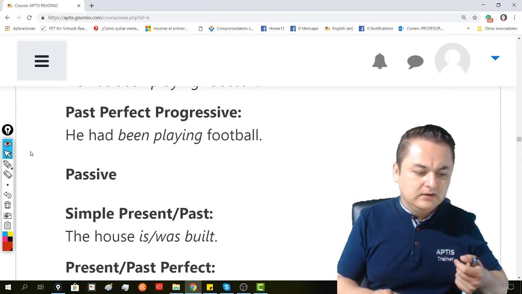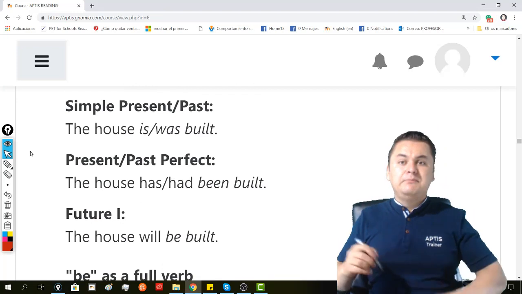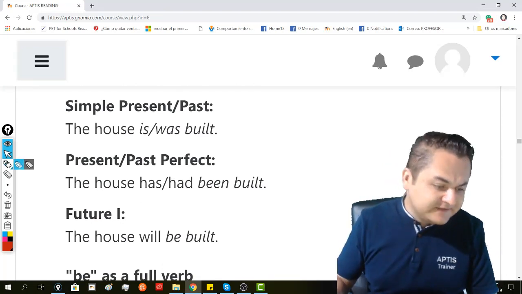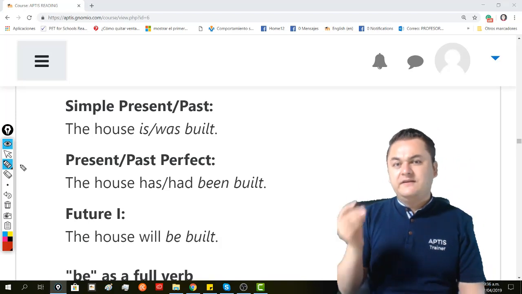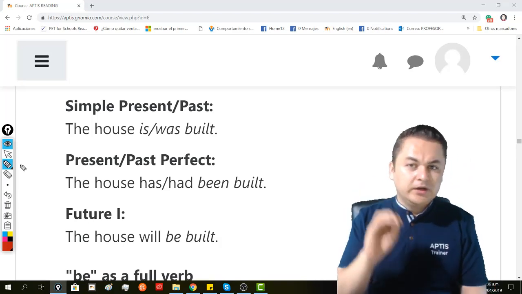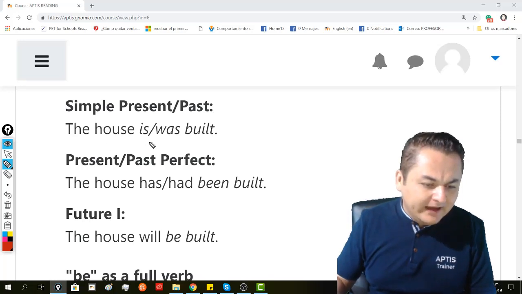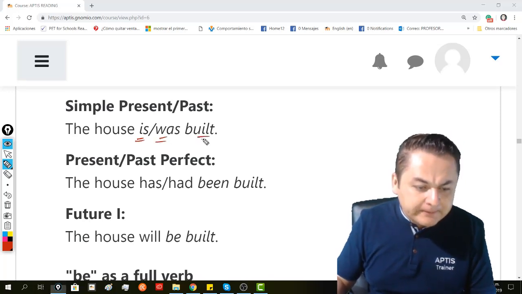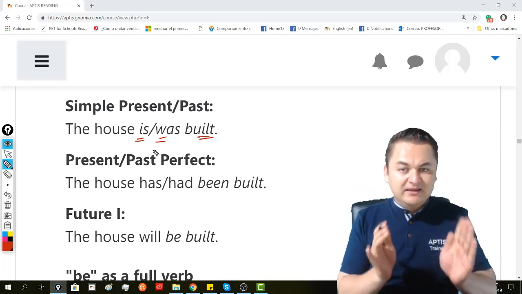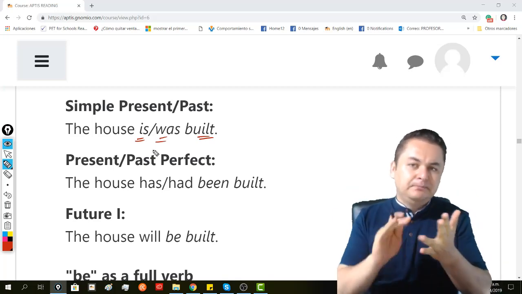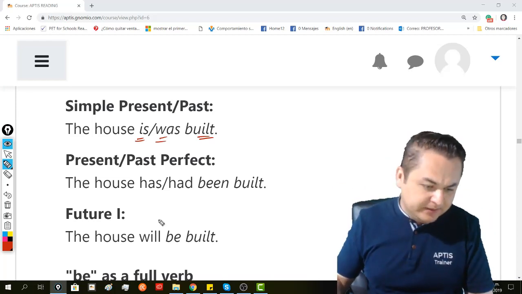Then we can also say that the verb to be can be used in passive sentences when the following verb either ends in ed or its past participle form. For example, the house is or was built. Built from the verb build, which is irregular. Build, built, built. The house was built or is built.